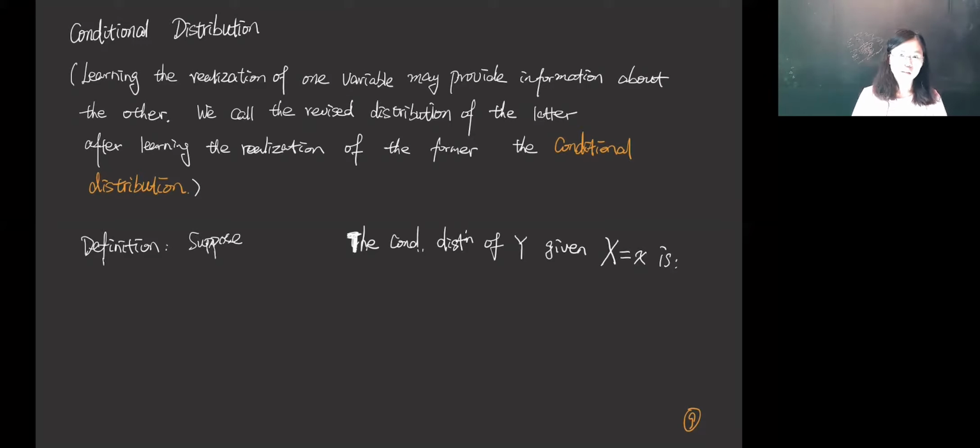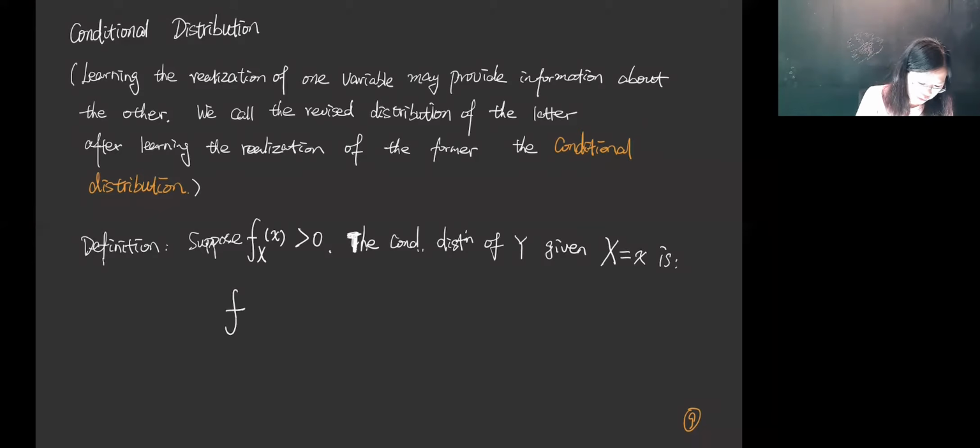What is the definition of conditional distribution? We can define the conditional distribution for discrete random variables at least when the conditioning event has non-zero probability. So suppose that the probability that big X equals little x is positive, then we can define the conditional distribution of y given x equals little x to be this.